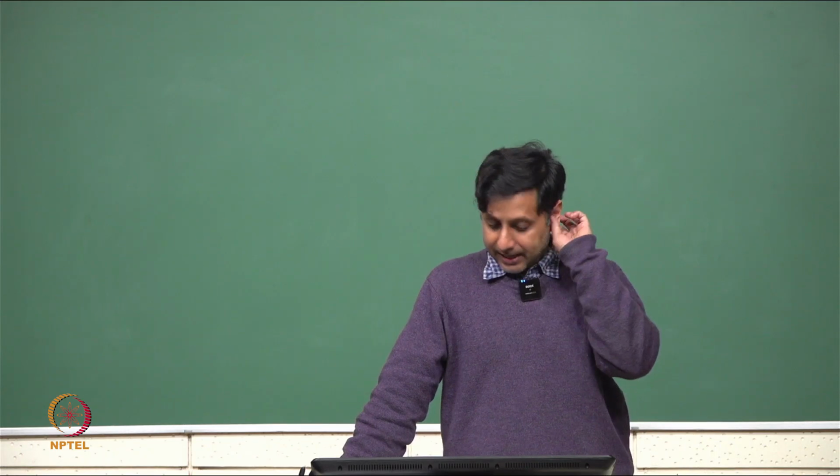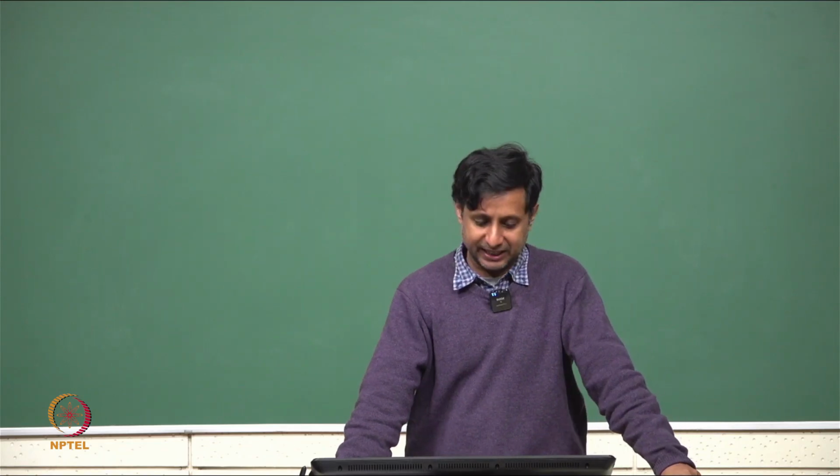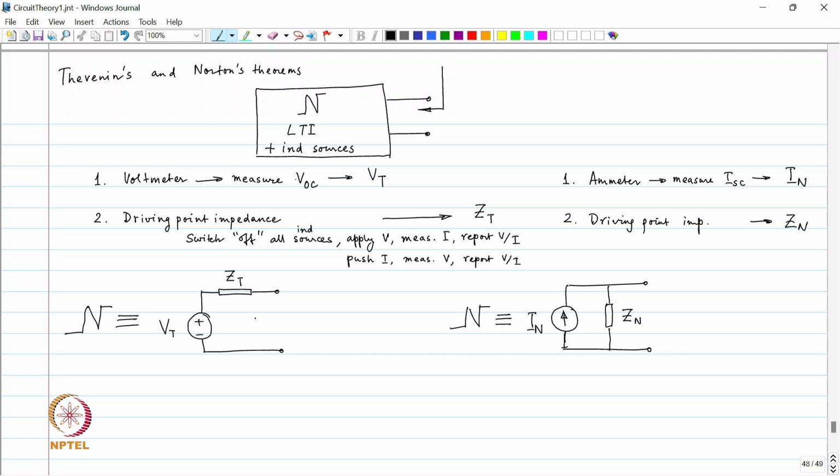Okay. The sentence switch off all independent sources, be careful whenever you want to switch off a source, it is not really a switch like this switch over here, not a light switch, not that kind of switch off. Switch off over here means make it 0.